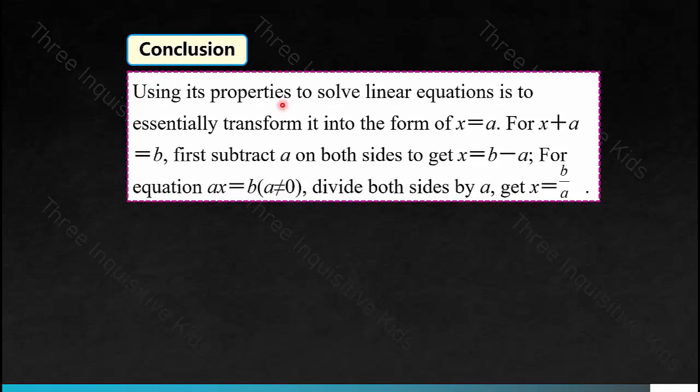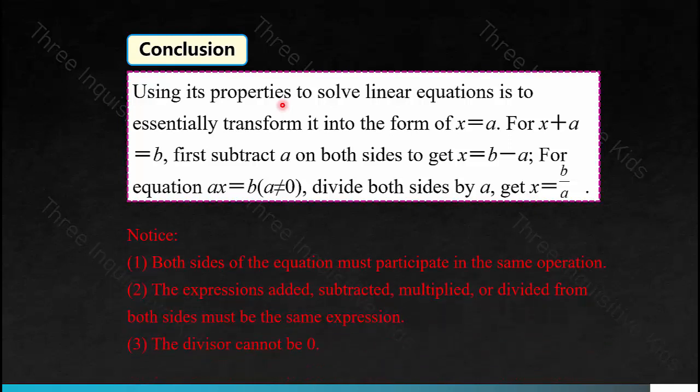For an equation such as ax is equal to b, where a is not equal to 0, you can divide both sides by a to get x is equal to b over a. Notice, number 1, both sides of the equation must participate in the same operation. Number 2, the expressions that are being added, subtracted, multiplied, or divided from both sides must be the same expression. You can't add 2 to one side and add 5 to the other side.